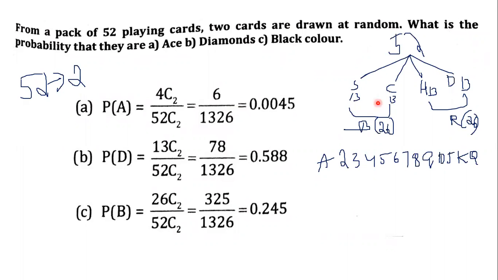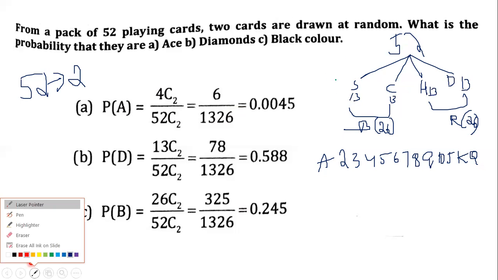Total 52 cards means spade will be 13, clubs will be 13, hearts will be 13, and diamonds will be 13. All of them will be mixed up. Now, out of the whole 52 cards, when you are selecting 2 cards, both the cards should be ace. How many aces are there in the 52 cards? That you have to first find out.